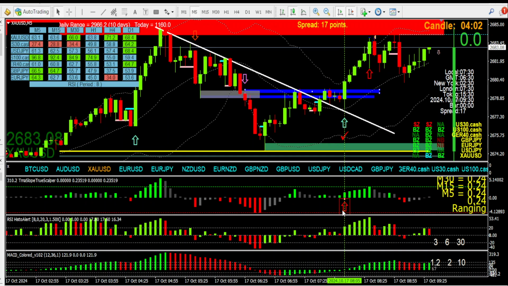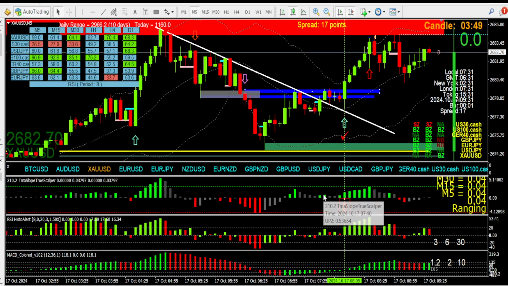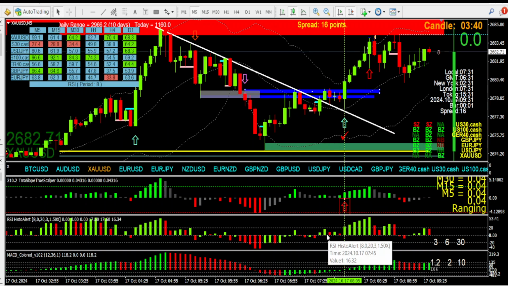And as you can see, we have a bust, pullback, break and close. The break and close is higher momentum than the bust. This is the original one on the RSI, because they don't always happen on the TMA.